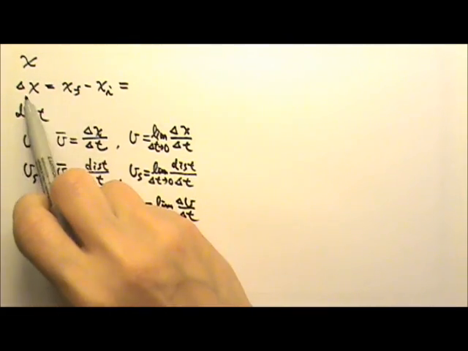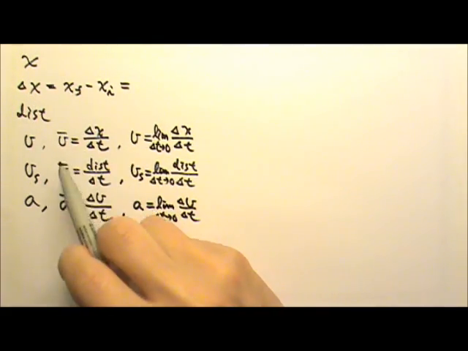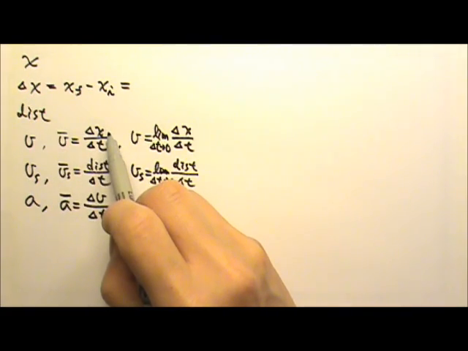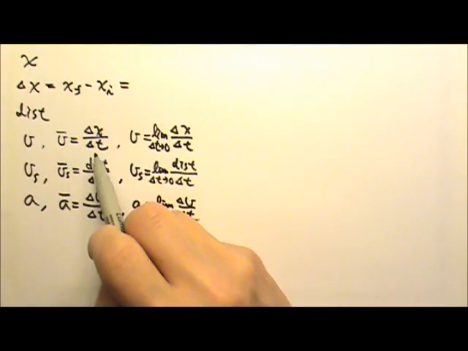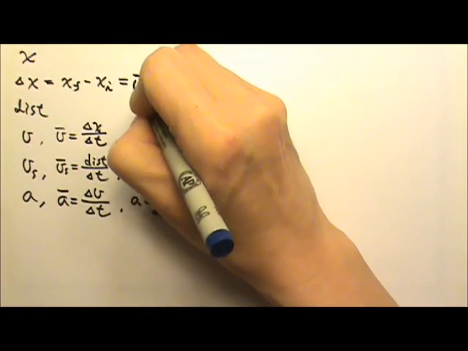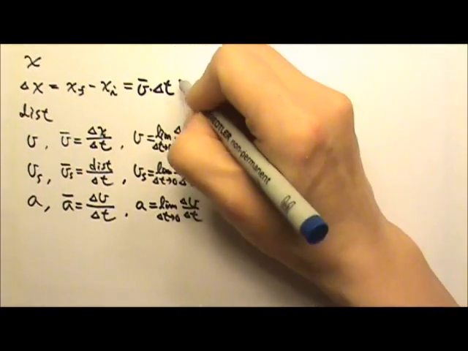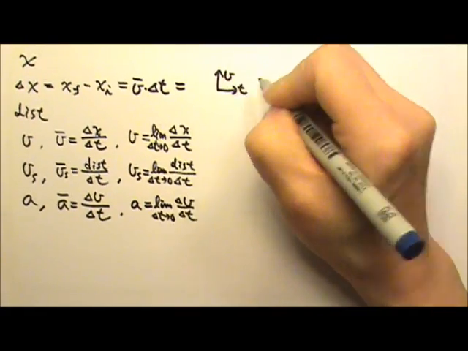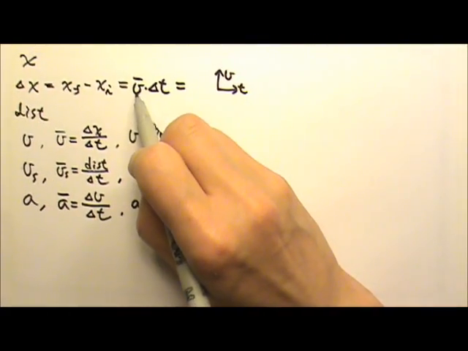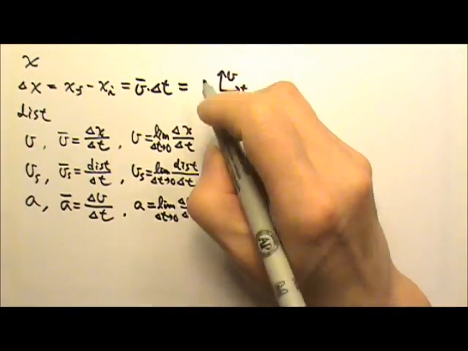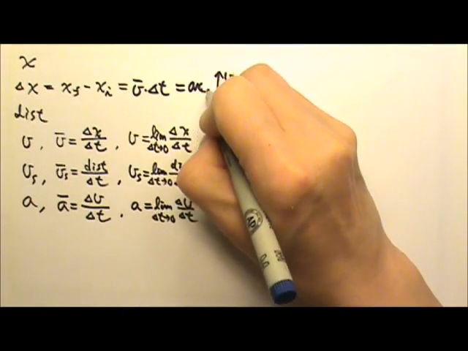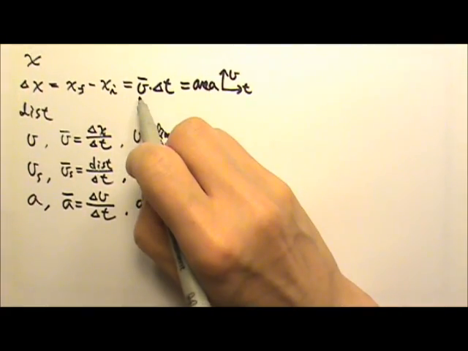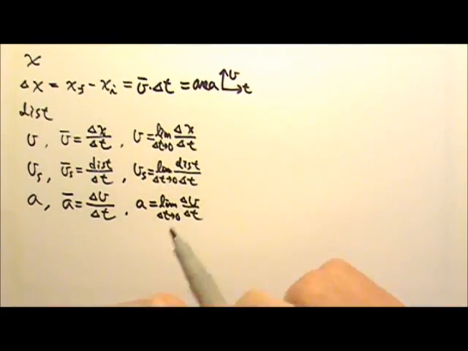Now, because of this definition, we can see that the delta x, the displacement, would equal the average velocity times time. In terms of graph, if we have a velocity versus time graph, because we're multiplying, this would be the area of the graph, because this is the height times the base.